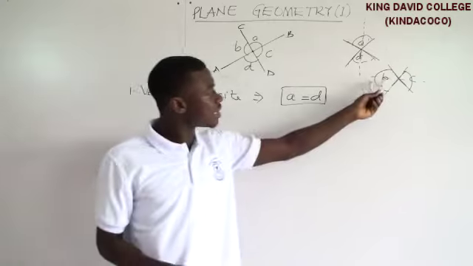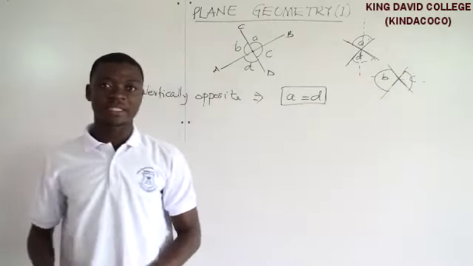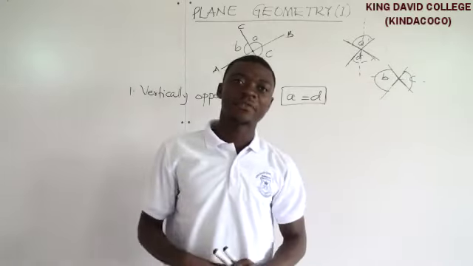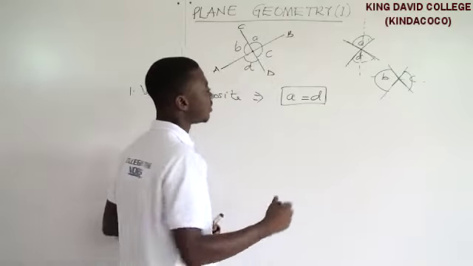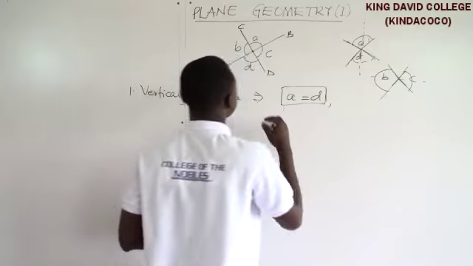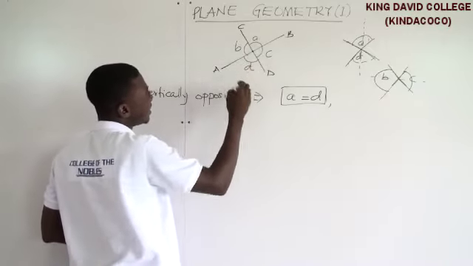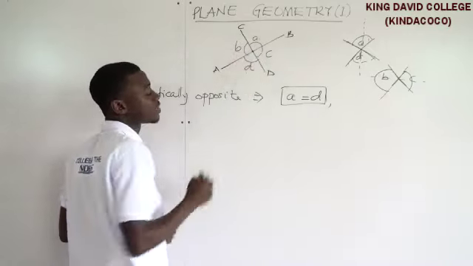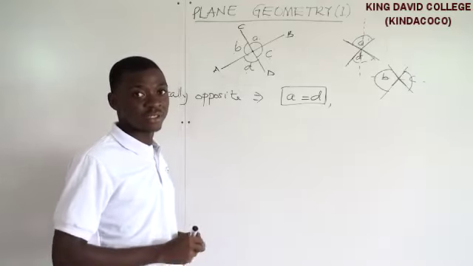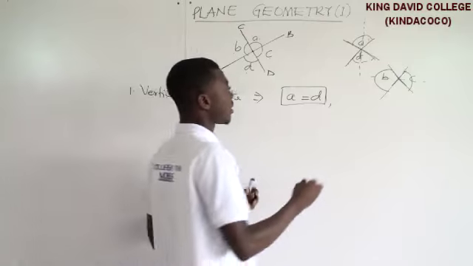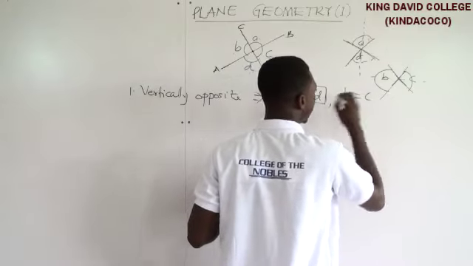So this one is exactly opposite where this is, and they are on the same line. Therefore, we say this is vertically opposite. Hence, by virtue of vertically opposite, A is the same as D, and hence B is also the same as C. So whenever we see this one here, let's not be confused. So B will be the same as C.